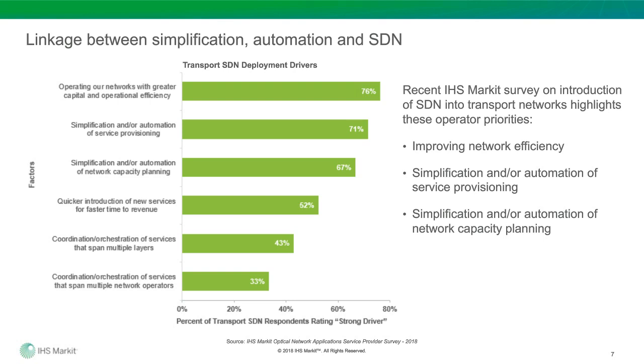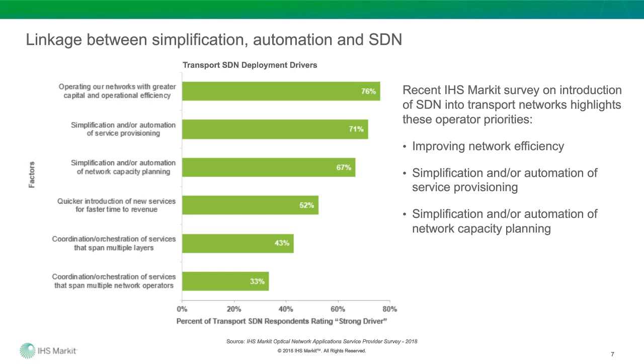The top priorities that emerged were improving network efficiency, simplification and/or automation of service provisioning on transport networks, and also the simplification and automation of network capacity planning. So these tie back into that chart I shared a little bit earlier. This is right along those lines. So fundamentally, I believe SDN is a key enabler for driving network automation into the network.